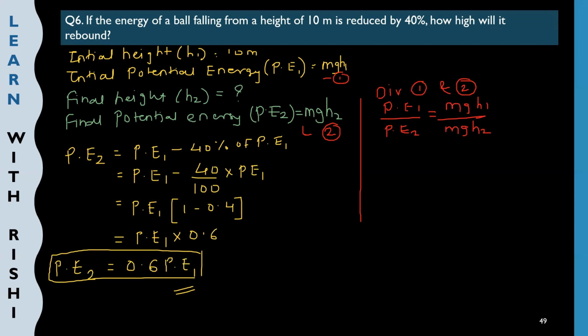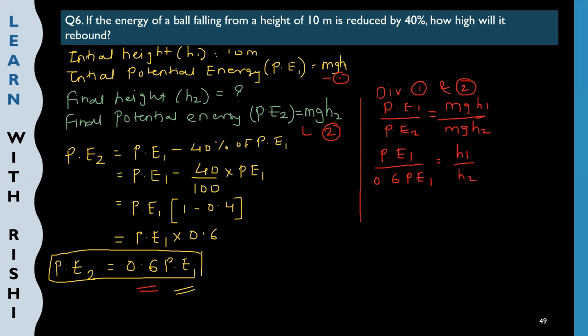Potential energy 1, we don't know the value. What is potential energy 2? We have found here 0.6 times potential energy 1. So in place of potential energy 2, we'll write 0.6 potential energy 1. That is equal to, m and g will get cancelled, h1 upon h2.